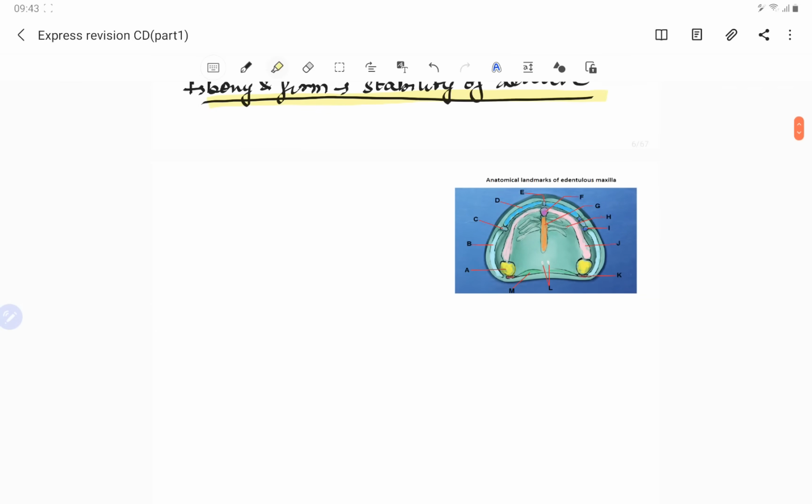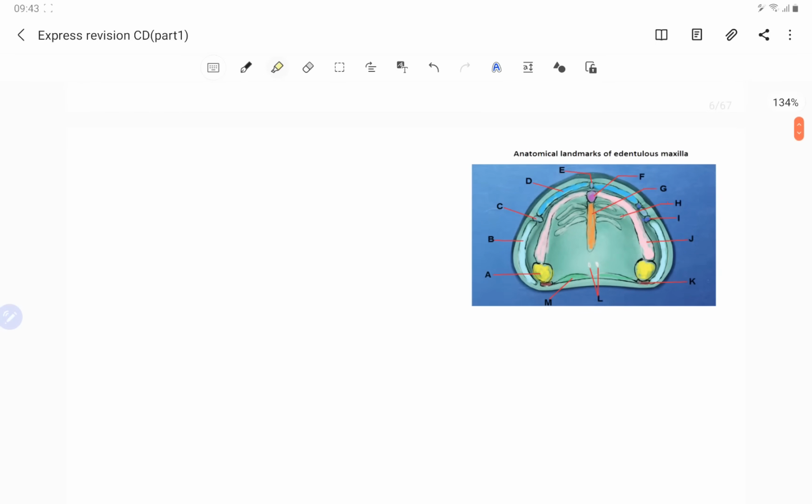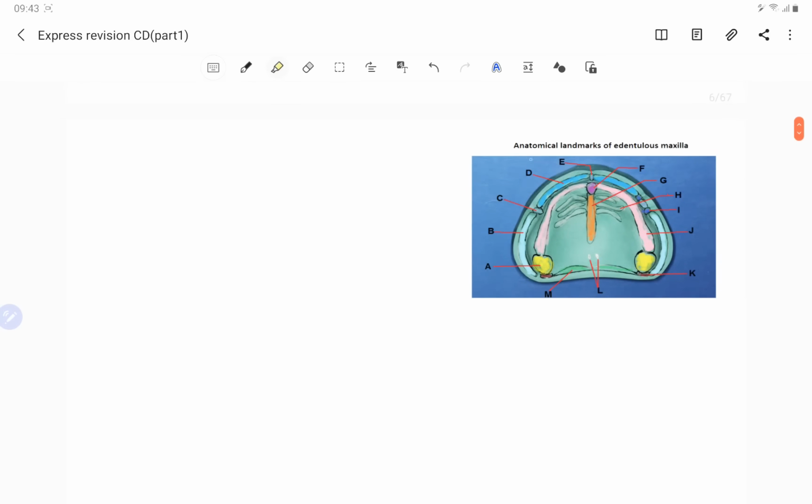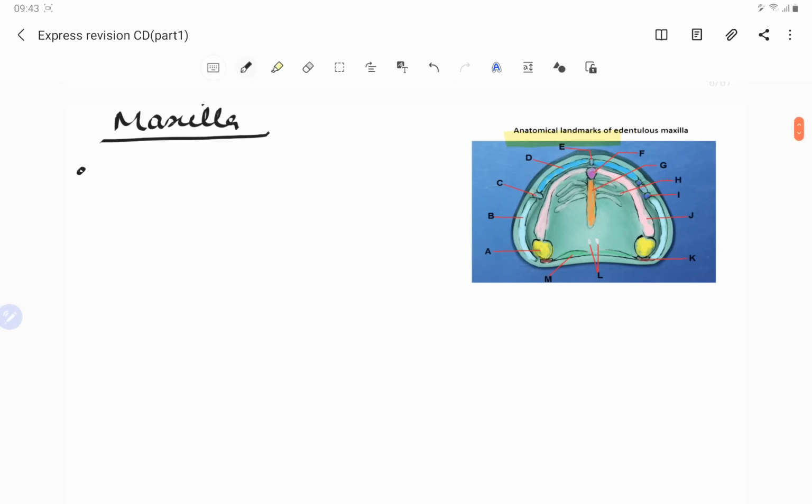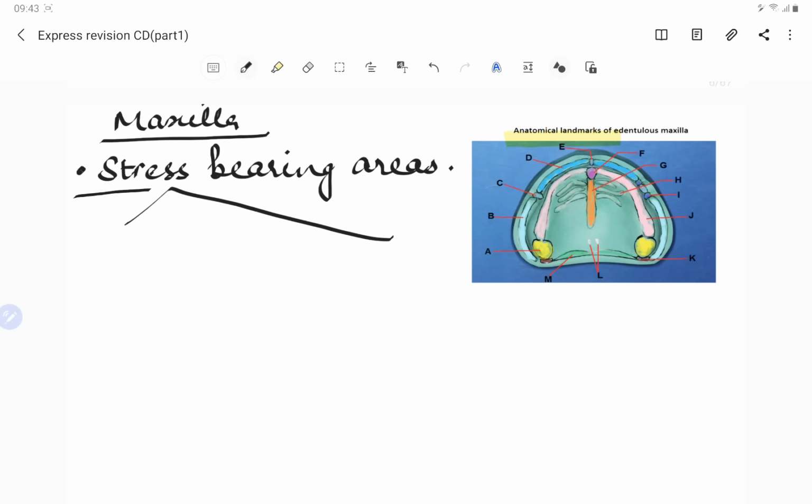So talking about the anatomical landmarks for maxilla, we have got stress bearing areas, primary and secondary. There are two stress bearing areas, the primary stress bearing areas and the secondary stress bearing areas, right?